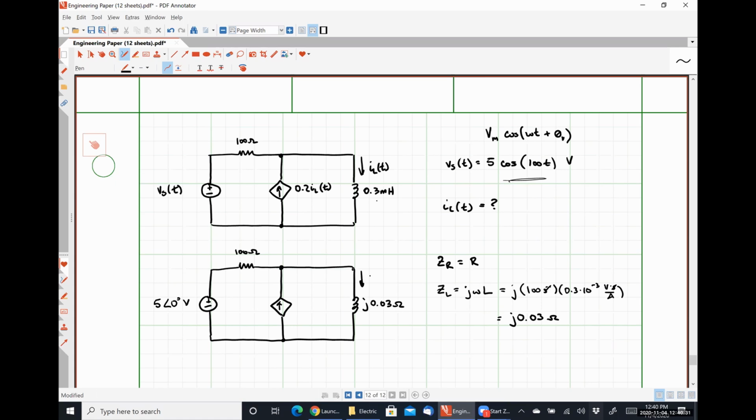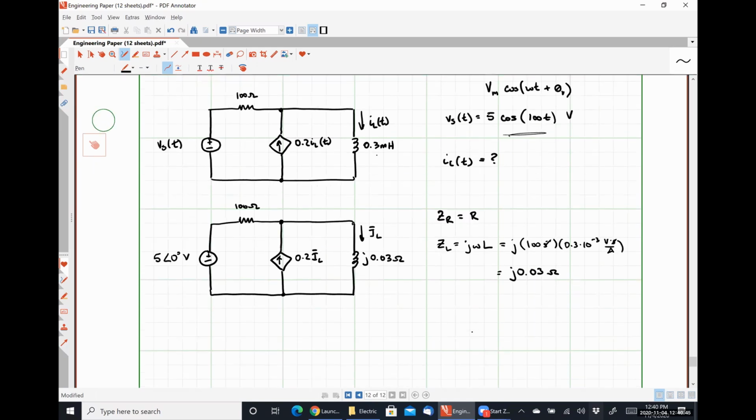This is going to be replaced with a phasor current IL, which means this guy is now going to be 1 or 0.2 multiplied by the phasor current IL. Okay. What do I do now? So is my circuit fully converted into the frequency domain?